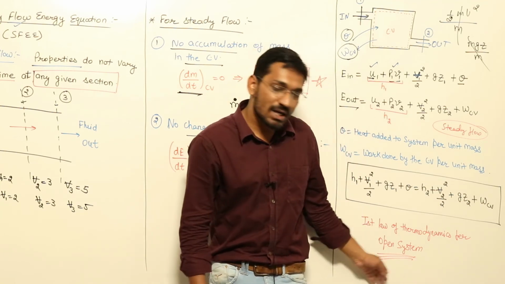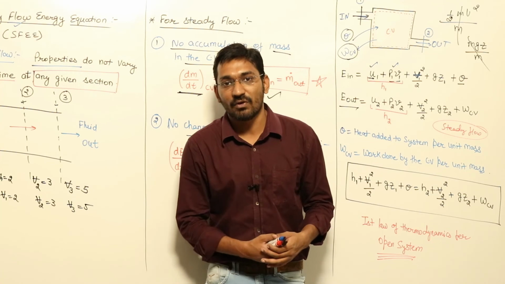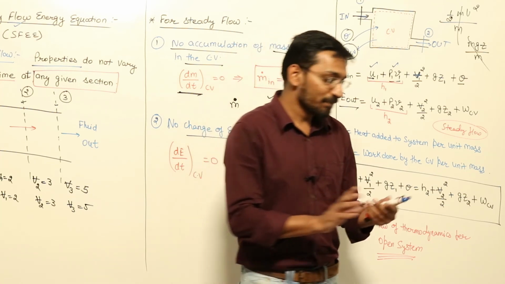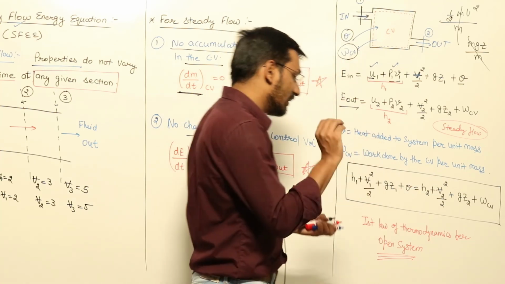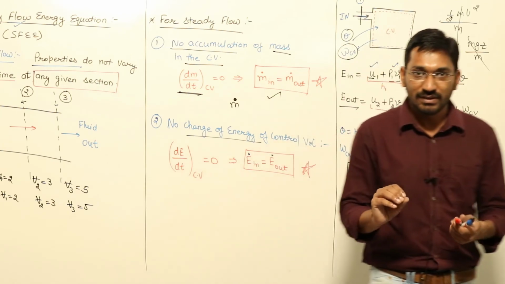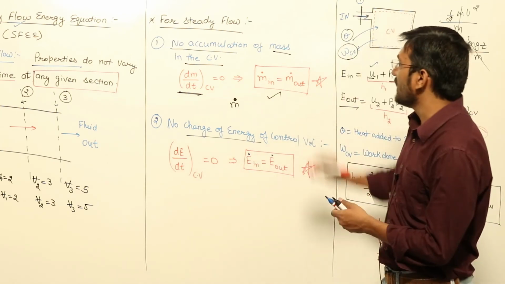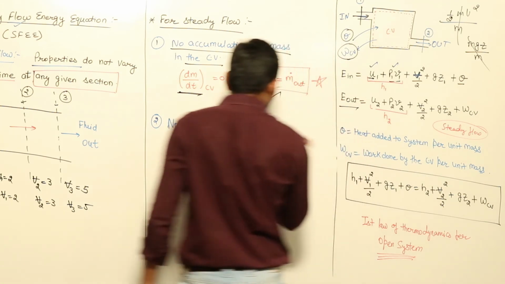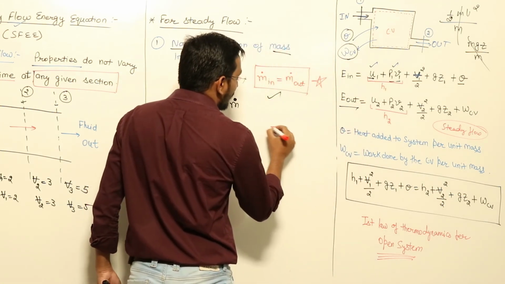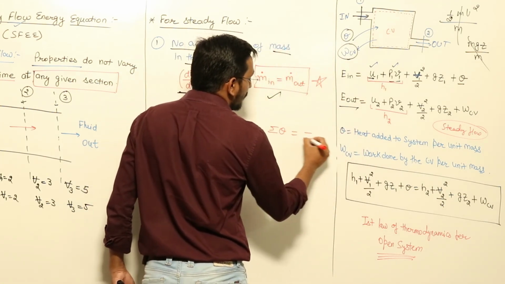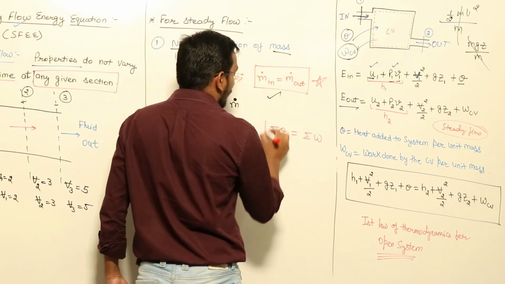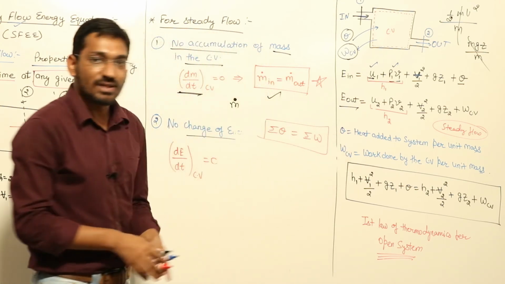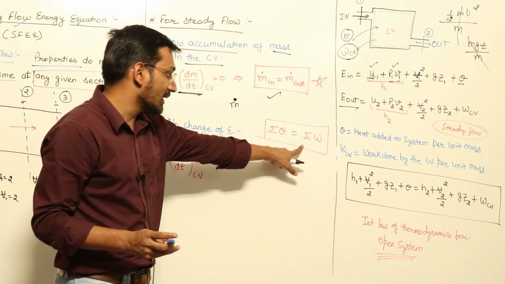So this is your first law of thermodynamics for an open system, right? We already studied the first law of thermodynamics for a cycle, that summation of heat transfer will be equal to summation of work transfer, right? This is the first law of thermodynamics for a cycle.